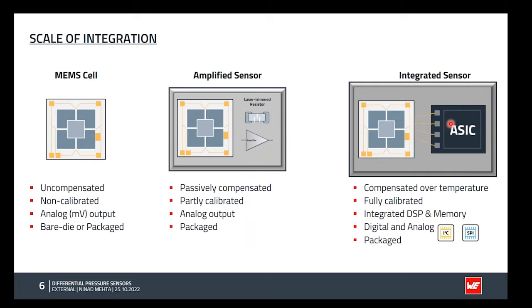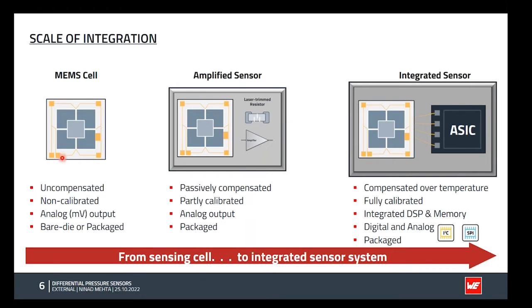During the calibration process in production, the calibration coefficients are also stored, so that when you fire up the sensor, these coefficients are loaded and you always get a digital, fully calibrated output. There are also digital and analog interfaces inside the IC, so that you can directly connect it to a microcontroller or host controller.